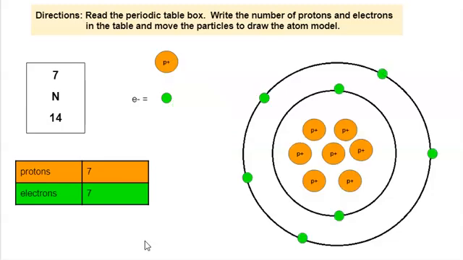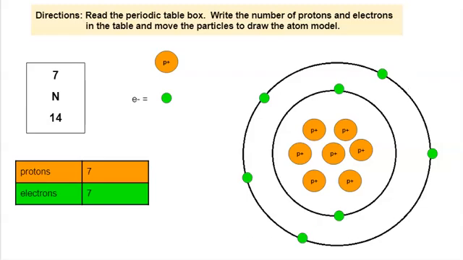Yours should look something like this. There are 7 protons with a positive charge in my nucleus. There are 2 electrons with negative charge on the first orbital. And there are 5 electrons on my second orbital, or energy level, or shell.